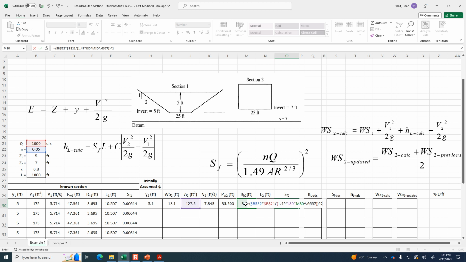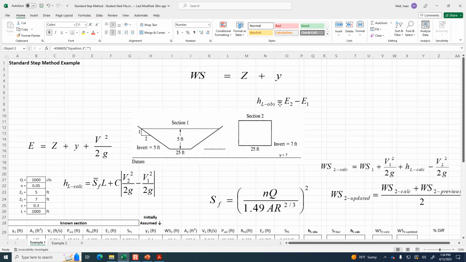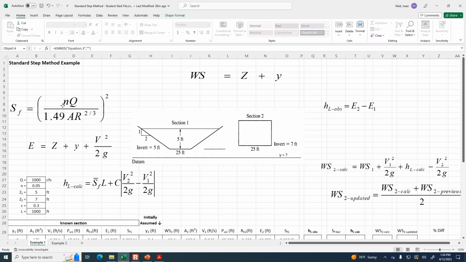I'm doing it again for the second segment because at some point I want to know S sub f bar, the slope of the energy grade line at the middle between the 2 points. I'm going to use that later. So let me just calculate it now. 0.01245. Okay, so the observed head loss, here's the formula for the observed head loss.